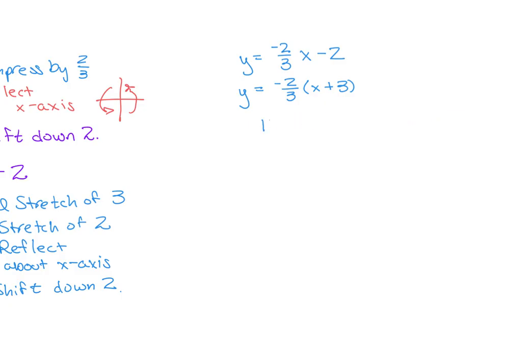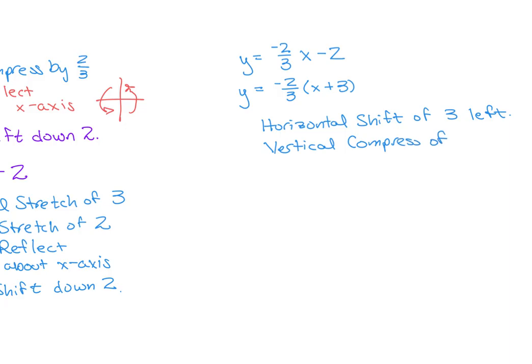All right, we are going to do a horizontal shift of 3 left. We are going to have a vertical compress of 2/3, and then we have a vertical reflect across the x-axis.